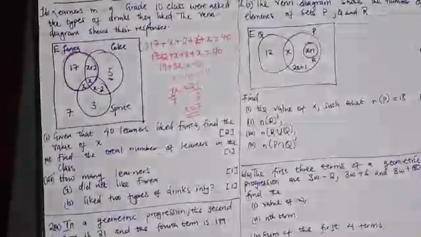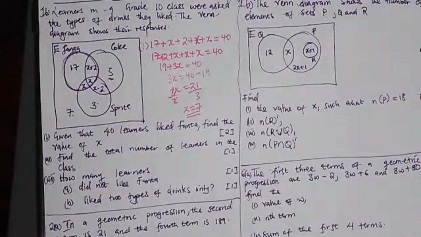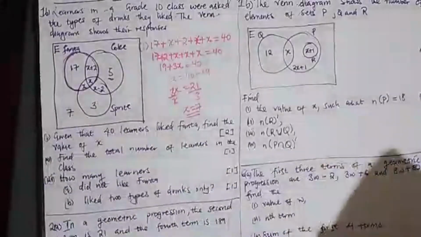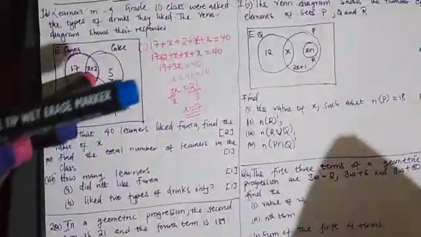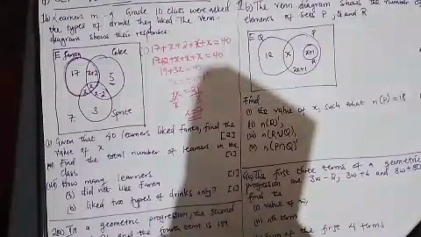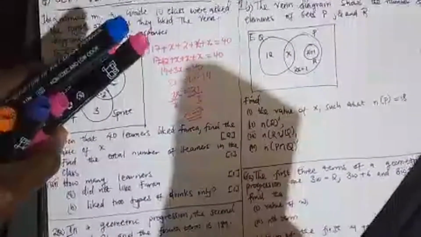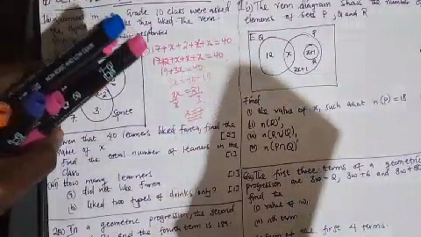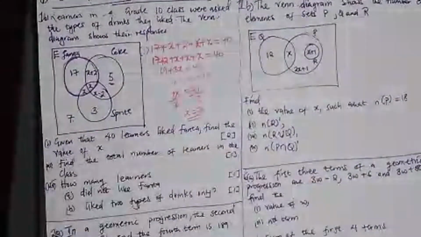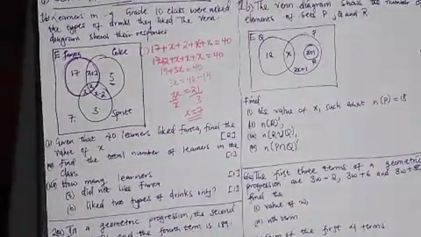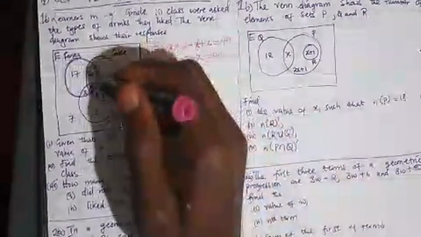If you go back to our Venn diagram, when they say 2 types of drinks only, whenever you hear the word only, ignore what is in the middle. Why do we ignore what is in the middle? The reason is that they have included only, but if they said at least, we could have included this part.